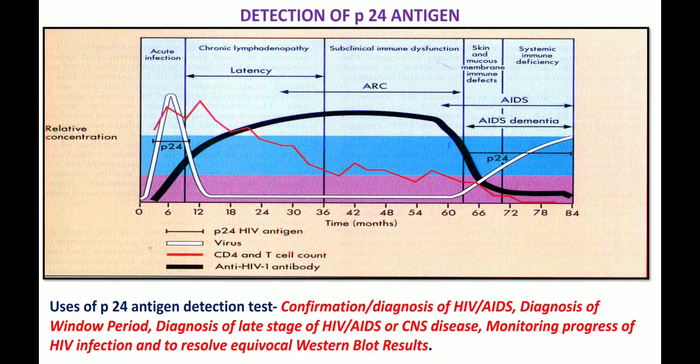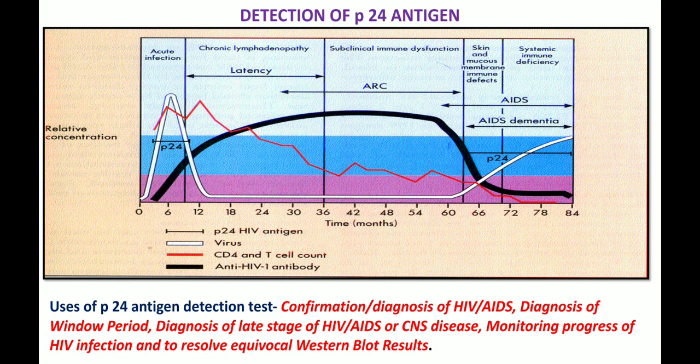Now, along with the detection of HIV using the supplementary test, it is very important to detect the P24 core antigen, because the P24 antigen becomes detectable after 12 to 26 days of infection and lasts for 3 to 4 weeks. Again, you can see here, this is the P24 antigen.